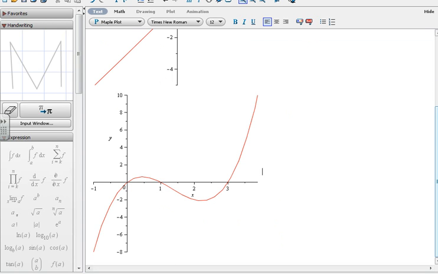Now, the book says the answer is what? 37/12. 3 and 7/12? 37/12. So some number less than 3, right? And that's what it looks like from the graph.